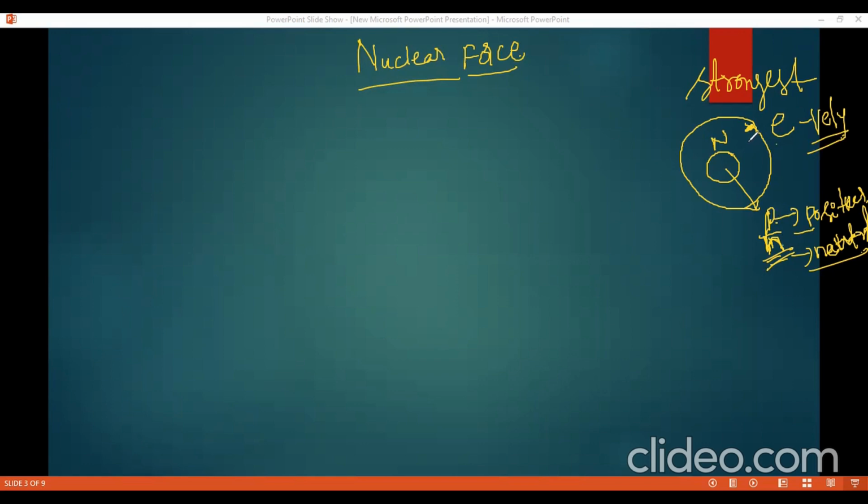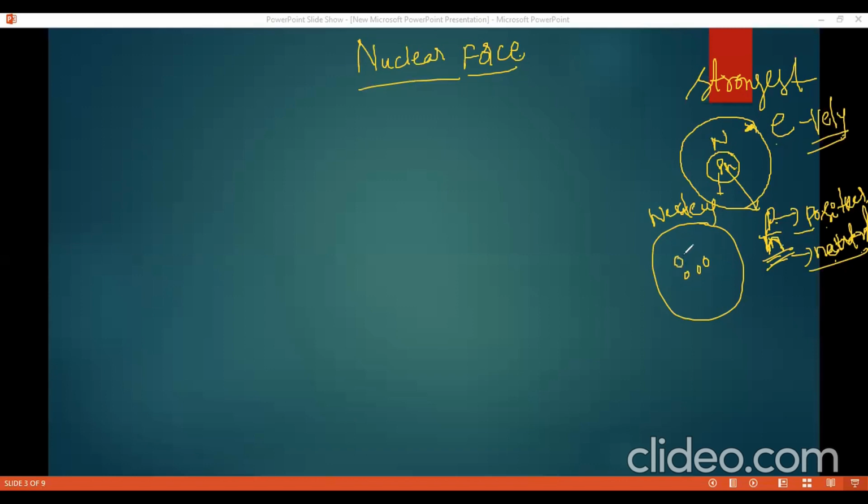Now, this is the strongest force. It keeps the nucleons together. Protons and neutrons are present inside the nucleus, right? I am taking this as the nucleus.